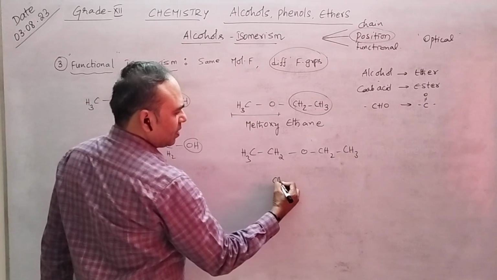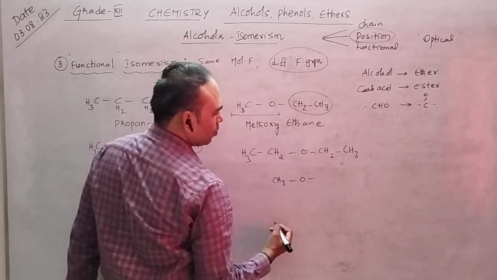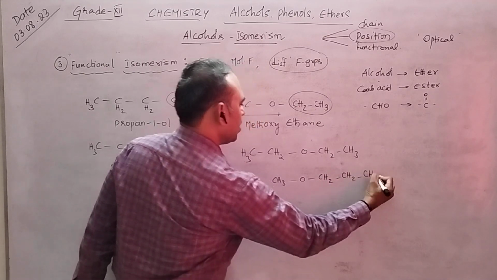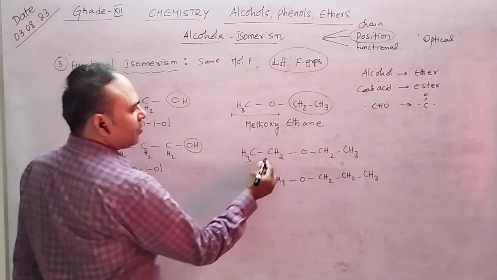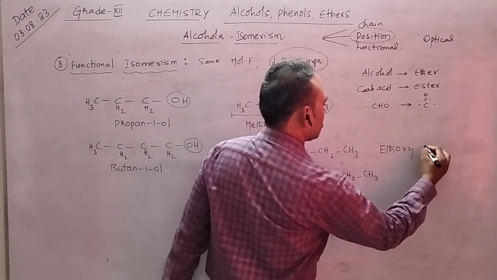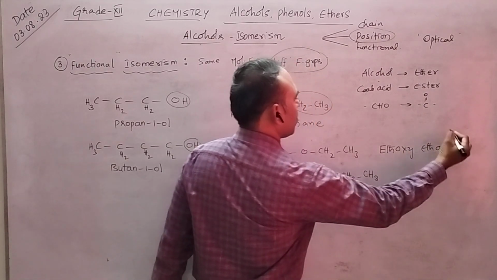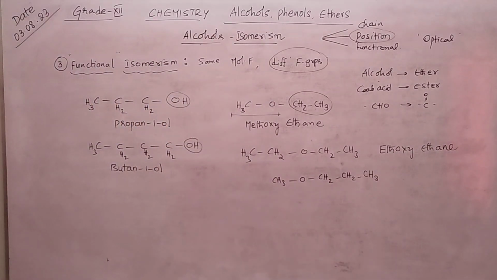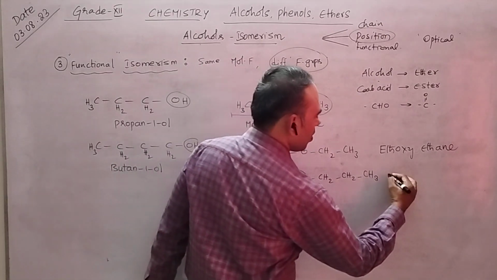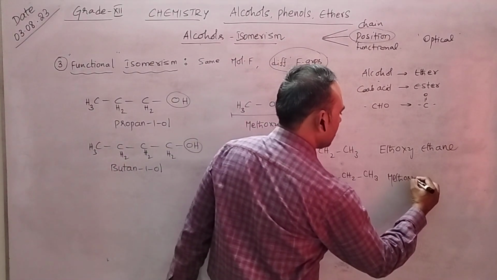So this can also be written like this: CH3-O-CH2-CH2-CH3. So these two can be taken. Now if you write this, we call it as ethoxyethane. Hope you are able to understand this. Now in this case, methoxypropane.